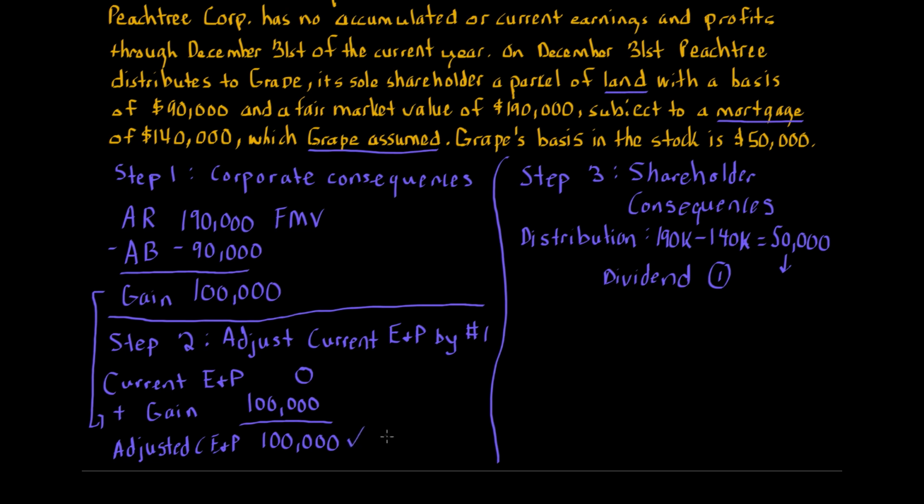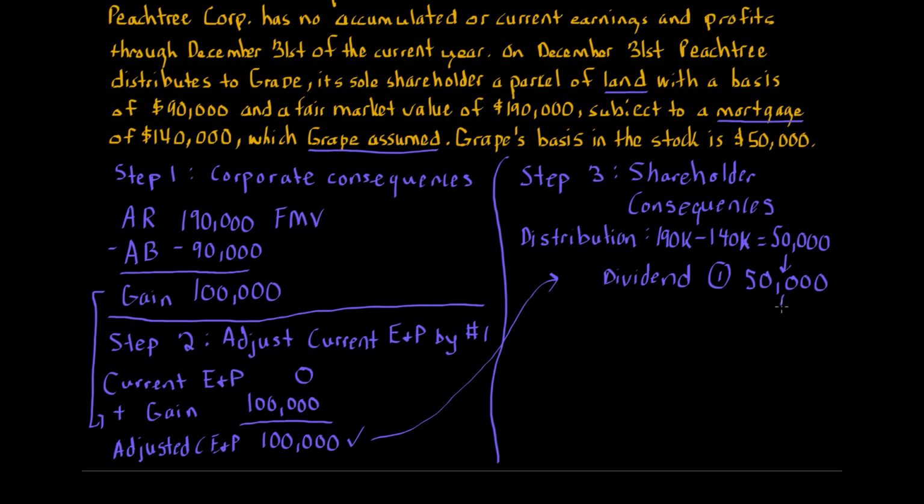Again, we would have to adjust for tax, but to show you how everything flows in this problem, we're going to ignore tax. So this $100,000 E&P goes here. That's why we do the steps in order. So we have total E&P as of step 3 of $100,000. So the $50,000 distribution is all dividend because we have enough E&P to cover that.